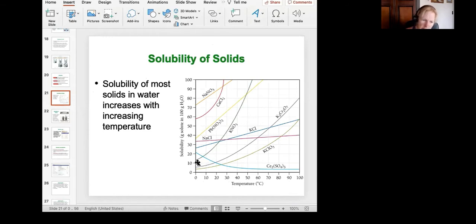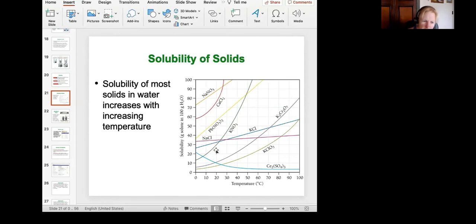And what you see generally is as you increase the temperature, you're going to increase the solubility. So here, if I look at potassium nitrate, KNO3, if I'm at 20 degrees and I have, let's say, 20 grams of solute, so I would come over here, 20 grams of potassium nitrate at 20 degrees, I'm below this line, so I'm unsaturated.